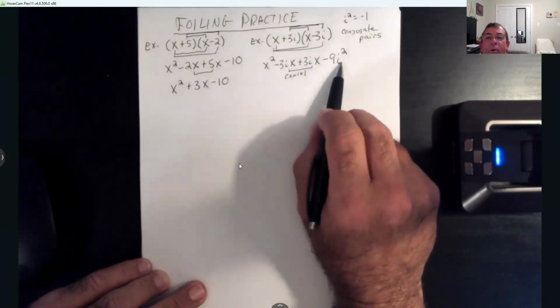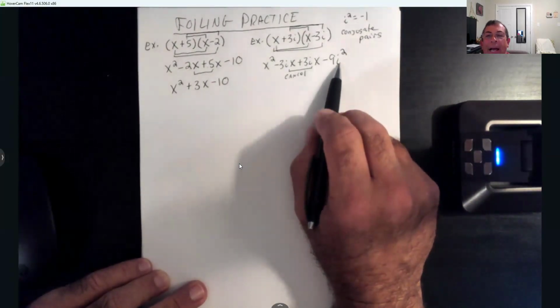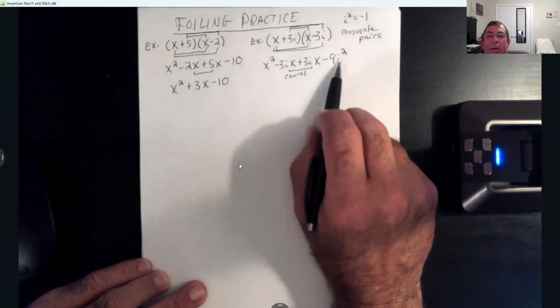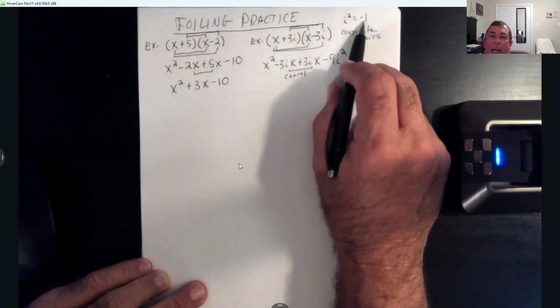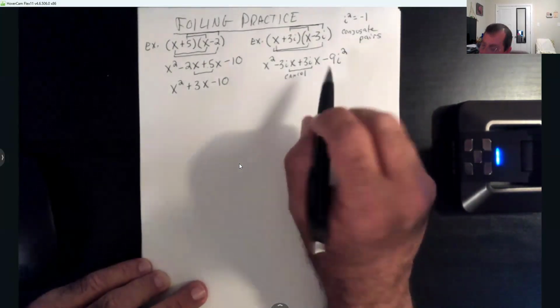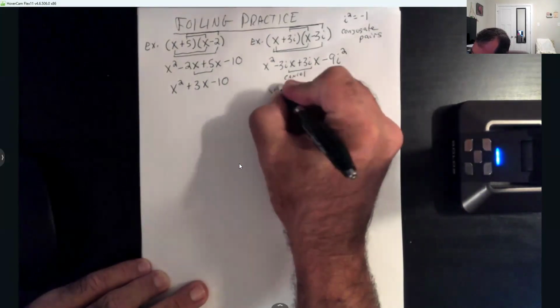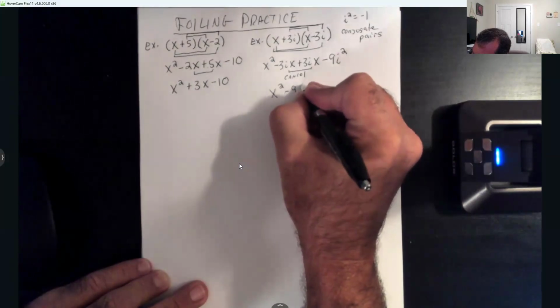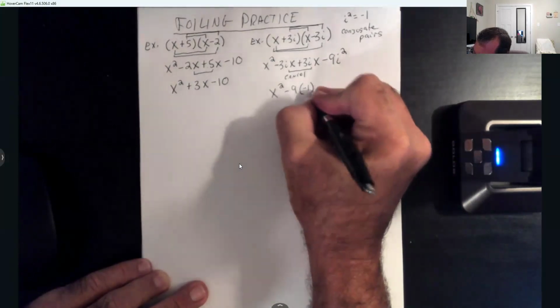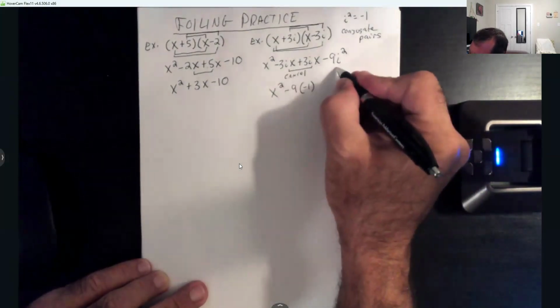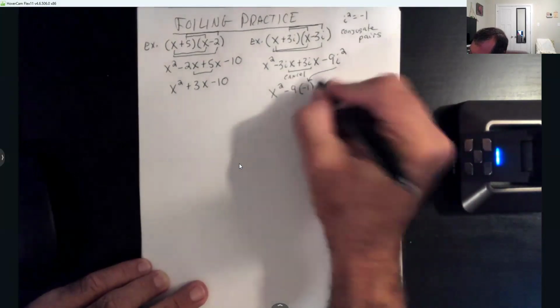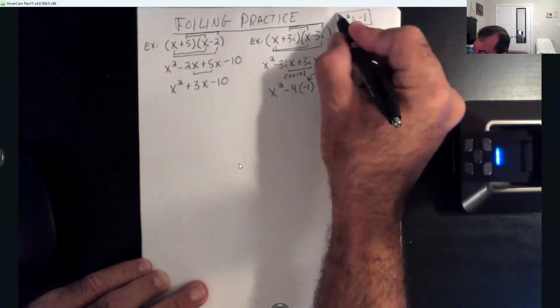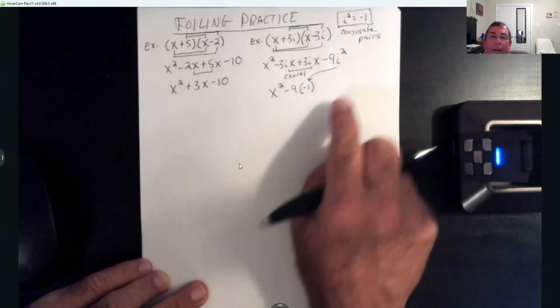This negative i squared. What I say i squared equals? Well, y'all, we said i squared equaled -1. So this becomes x squared minus 9 times -1. So remember, I turned the i squared into a -1 based on that definition right there, okay?